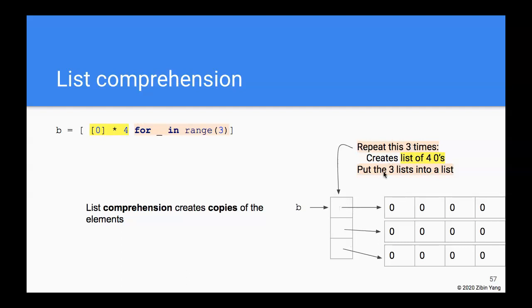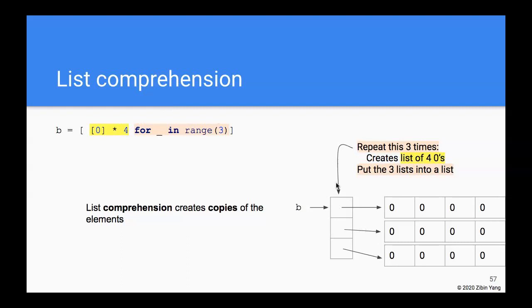So in some sense, the list comprehension actually creates separate copies of this list of 4 zeros. So that's the picture we end up with for list comprehension.